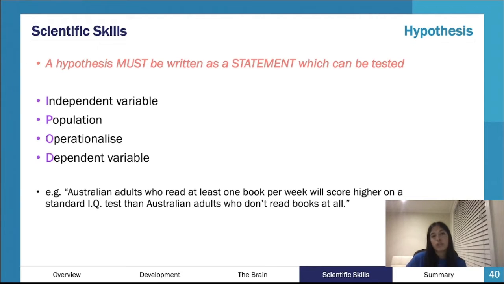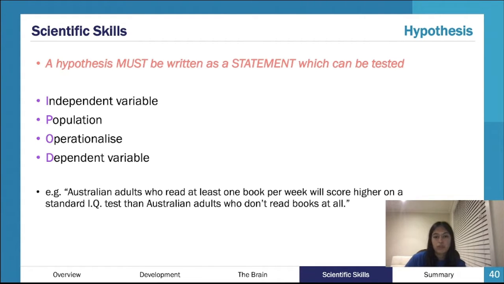You've got to mention both interventions, basically. So Australian adults, blah, blah, score higher on an IQ test compared to Australian adults who don't read books at all. So you have to include that other one. Otherwise, Australian adults who read at least one book per week will score higher on a standard IQ test than who? You can infer that it's people who read less than one book.